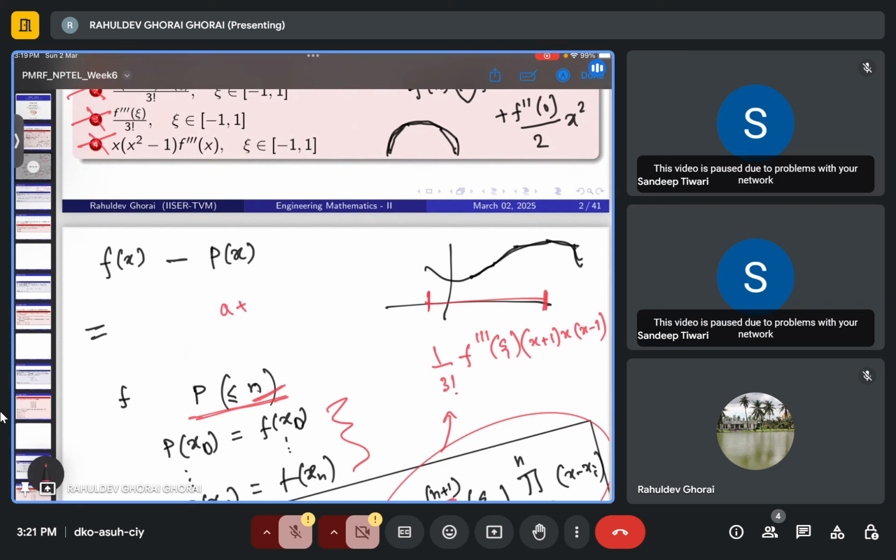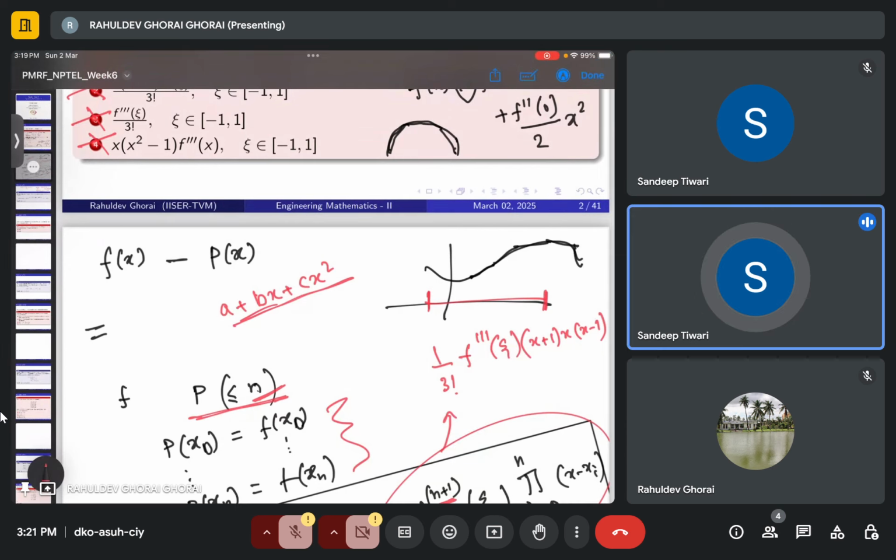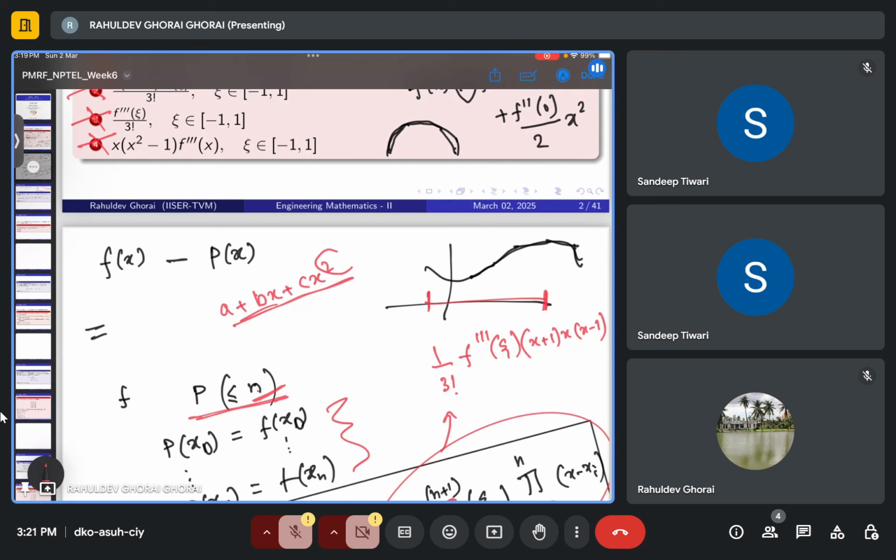It is a small thing. a plus bx plus cx square, this is a polynomial, right? You are approximating with this type of polynomial. But for this type of polynomial, to know all the coefficients, how many points do you need at least? Three equations. Exactly. So that is what you need, the 3 points, right? So that's the reason, sir.